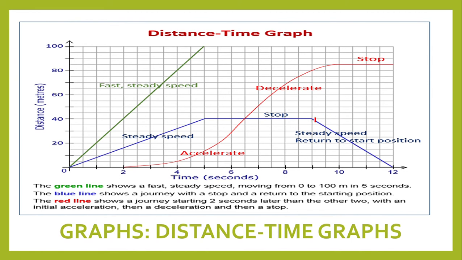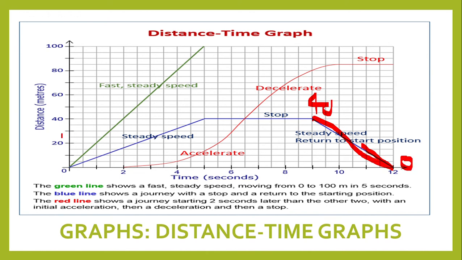Now we are talking about this phase of the blue line from 9 seconds to 12 seconds. When it is at 9 seconds, the distance is 40, and when it is at 12 seconds, the distance is 0.